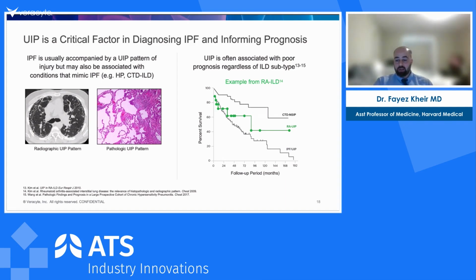And in the graph on the right side, you can see that patients who have an IPF UIP pattern will perform worse as compared to patients, for example, who had a connective tissue disease.